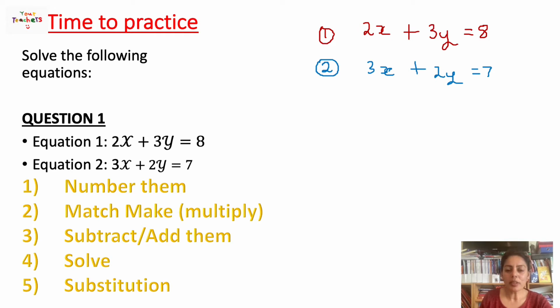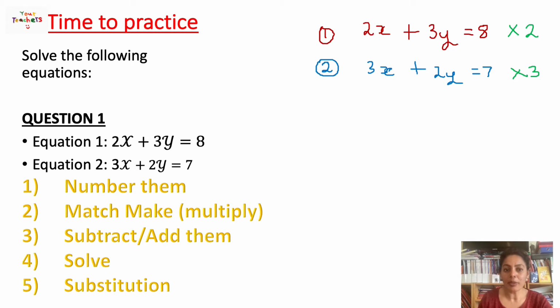I think I can see a common multiple could be 6, because if I multiply this by 2, and if I was to multiply this by 3, look, that will definitely give me a 6y here and a 6y there. And now we can start having some fun.